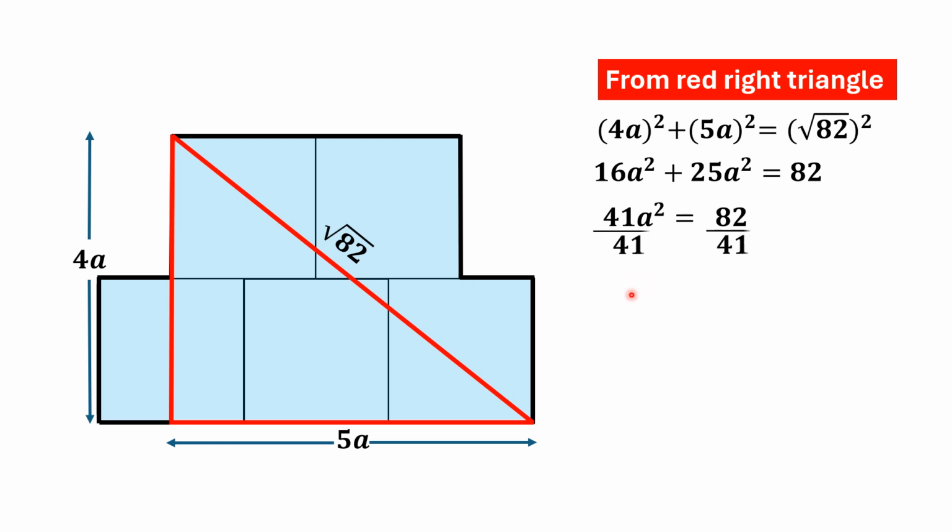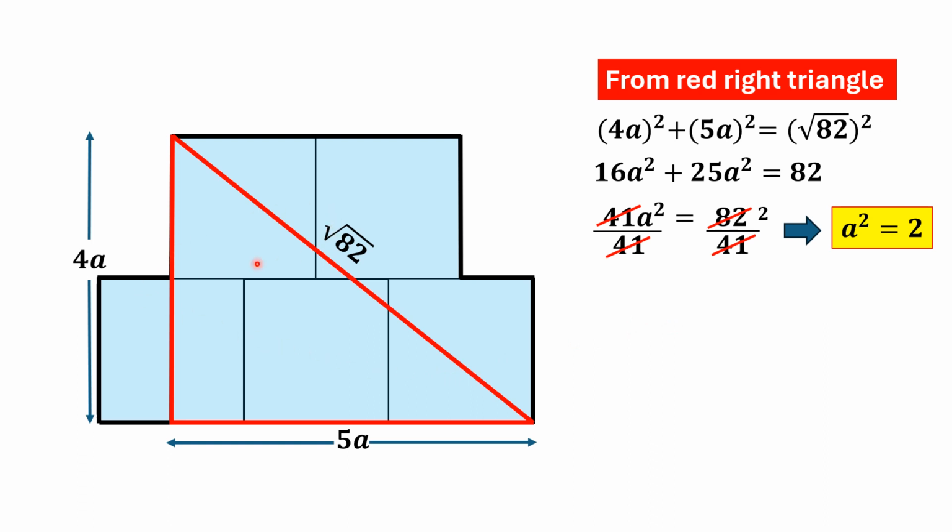Dividing by 41 on both sides, this 41 will cancel out with this 41, and this 41 will cancel out 82, and in numerator we will get 2. So a square is equal to 2.